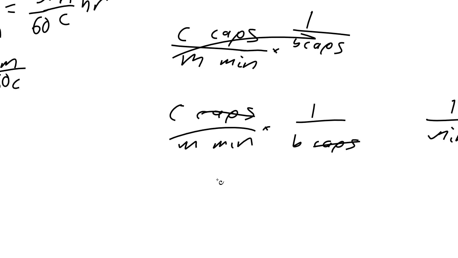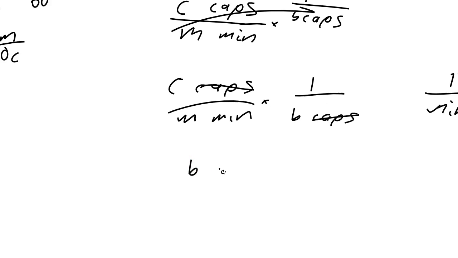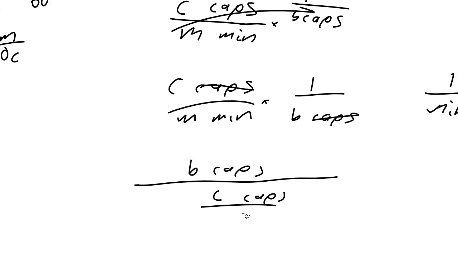So that kind of got me to thinking, well, I'm going to write B caps, and I want to divide by my C caps per M minutes, knowing that if I do this as a division, my caps are going to cancel out, and I'm going to end up with minutes as a unit.